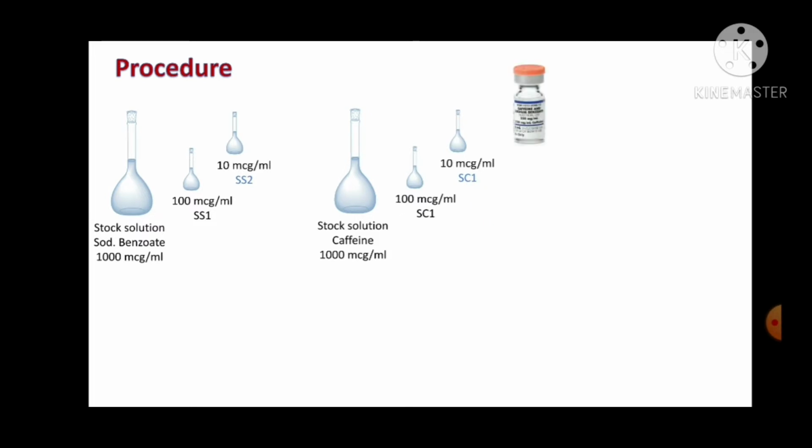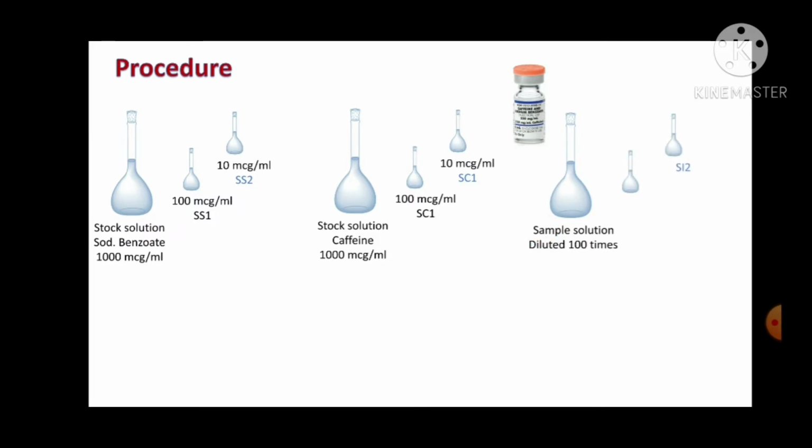Then we have our formulation, that is sodium benzoate caffeine injection. From this we take 1 ml and dilute to 100 ml. In the examination, you will be getting this solution and not the formulation. So from the formulation we take 1 ml and dilute to 100 ml, that is a 100 times dilution of the original formulation.